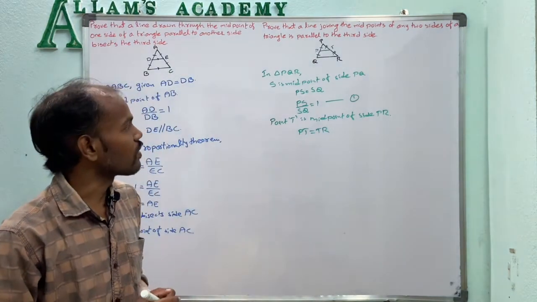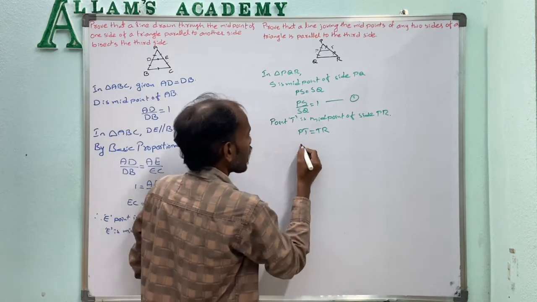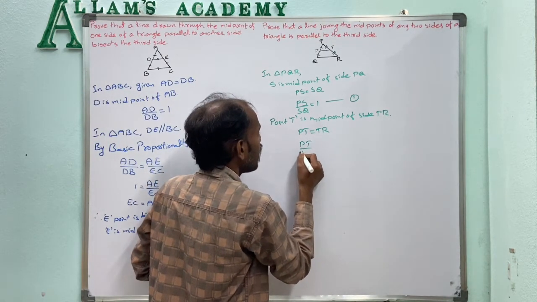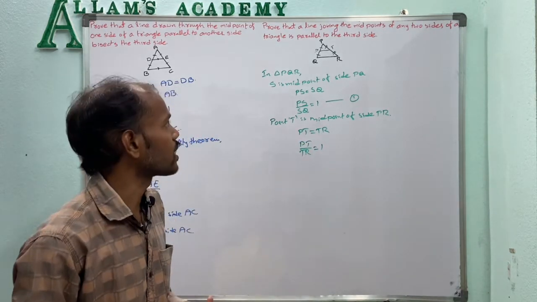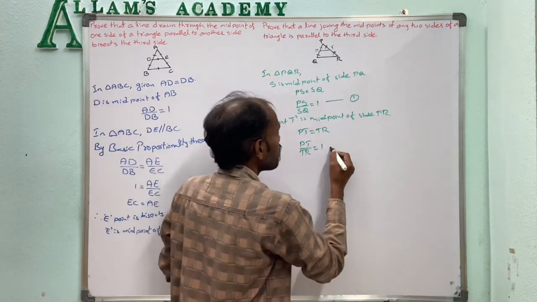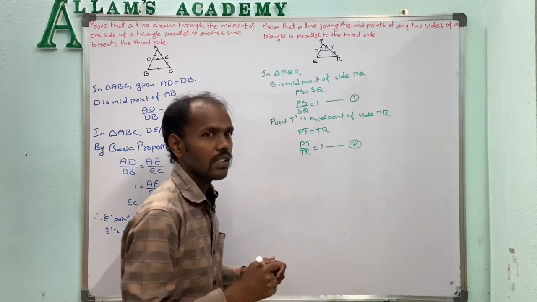We can write PT by TR equal to 1. Now this will be taken as equation 2.